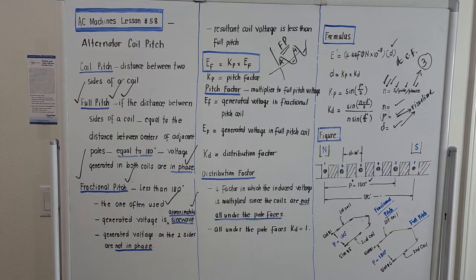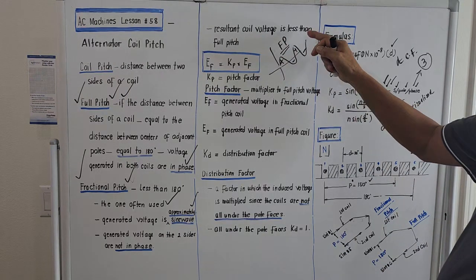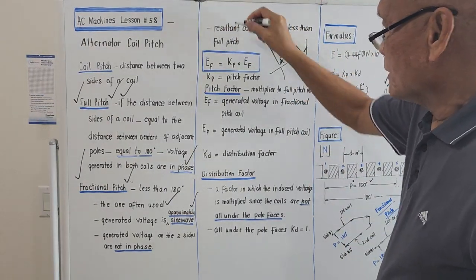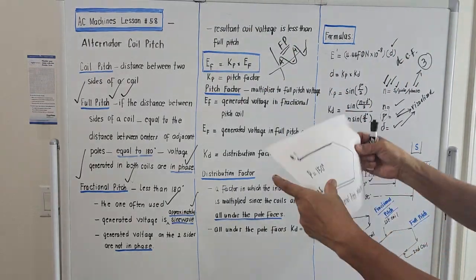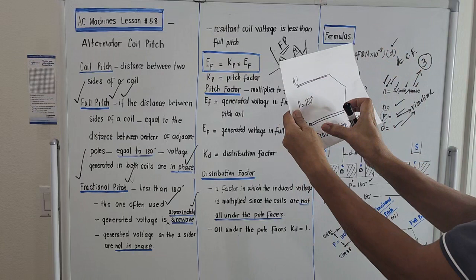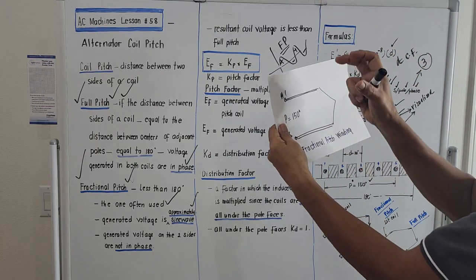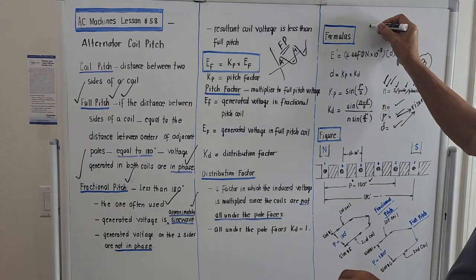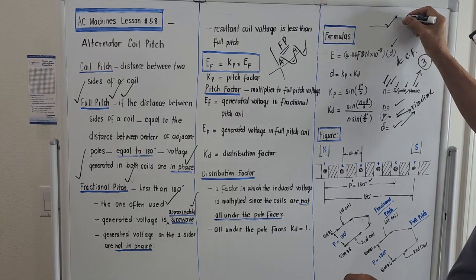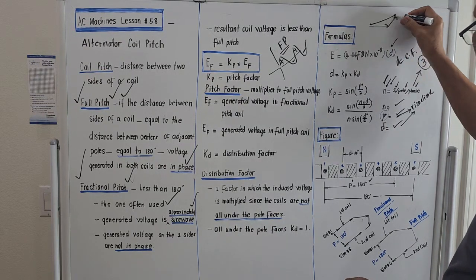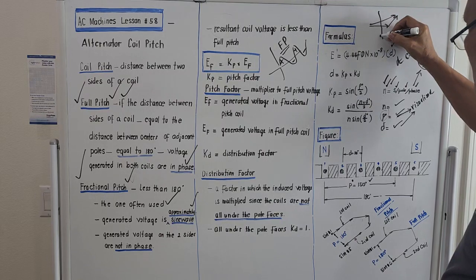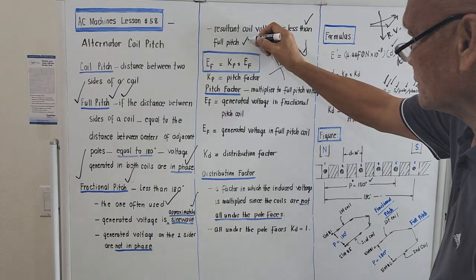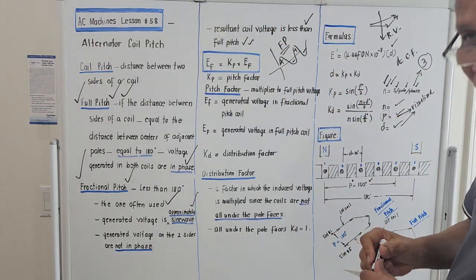Right? The resultant coil voltage is less than full pitch. Of course, the resultant coil voltage, meaning the voltage across this one plus the voltage across this second one, if it's a fractional pitch winding, they are not in phase. So if the other one will be at 0, the other one will be at a certain angle. If you try to add them, this resulting voltage will be less than the full pitch value, because for full pitch, they are in phase.